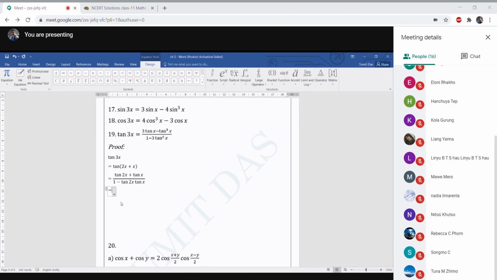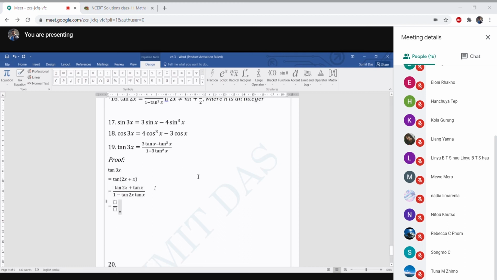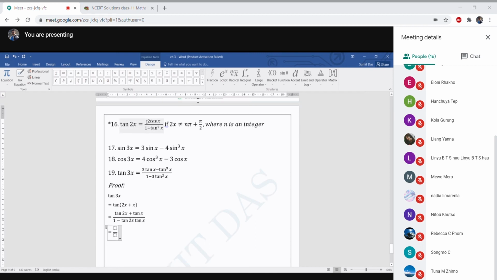Instead of tan 2x, we'll put the formula. What is the formula? This formula we'll put. So you can understand how complicated the formula will be. Plus tan x, then 1 minus into tan x.